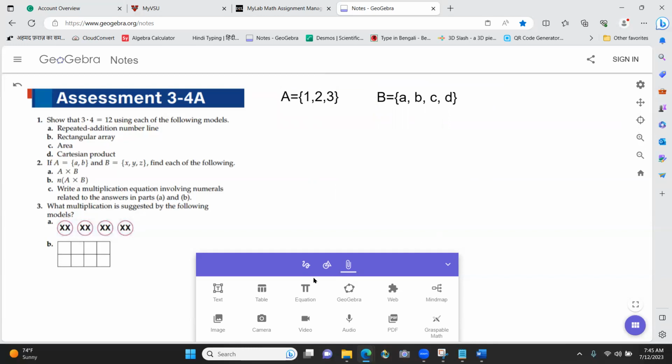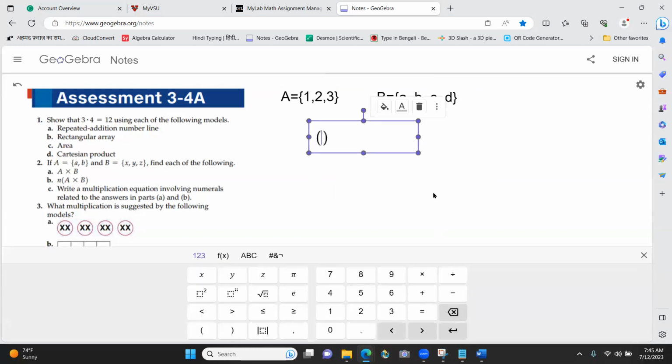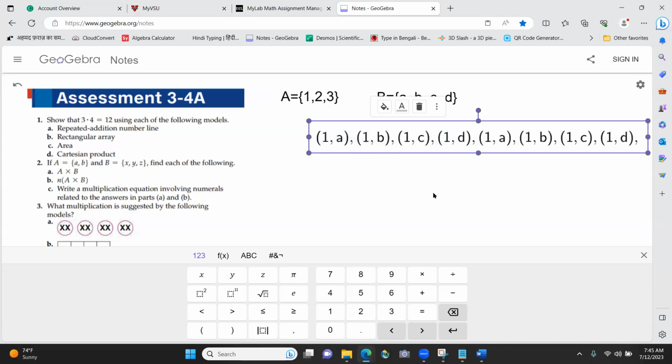The Cartesian product will be this. Again, I have to do braces first. One with A, one with B, one with C, one with D. And I have to do the same thing with two, with three.